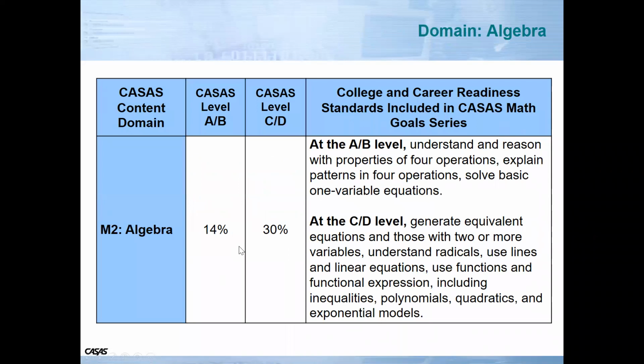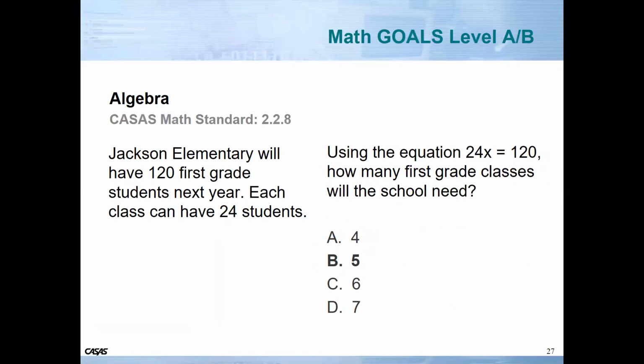In algebra, these are the summaries of these CCR standards. I'm not going to read through them, but you can at your leisure look at those if you're not familiar. Then here are a couple of examples at the AB level. So using the equation 24x equals 120, what is the answer?